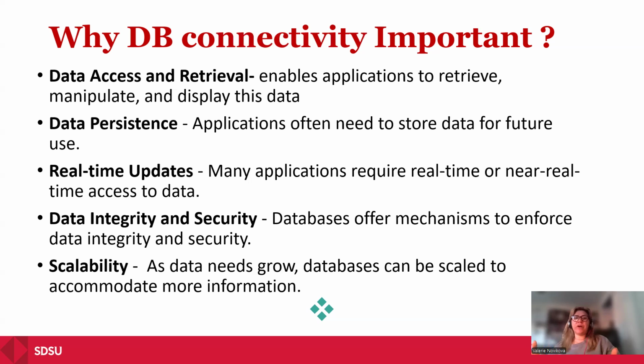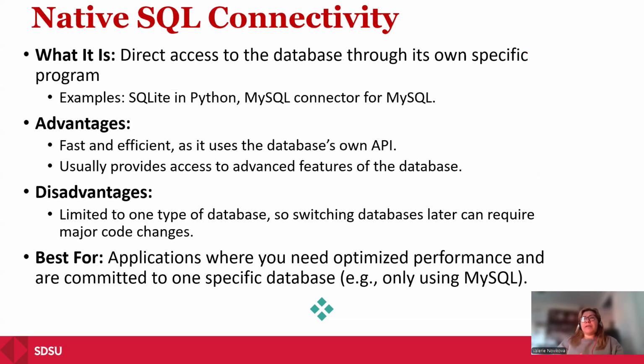That refers to horizontal scalability. So we talked about why it's important to connect to the database and why database connectivity is important for application development. So we're going to start talking about different types of connectivity.